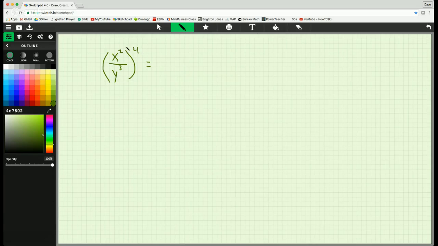We're going to use our rules of exponents to expand this fraction that is raised to this power. We're going to say, well, what does it mean for a fraction to be raised to a power 4? Well, it means you're going to multiply that thing 4 times. So this is no different than anything we've been doing so far.